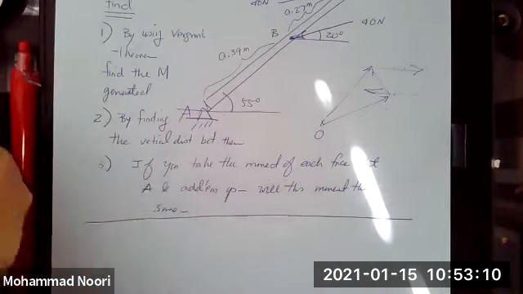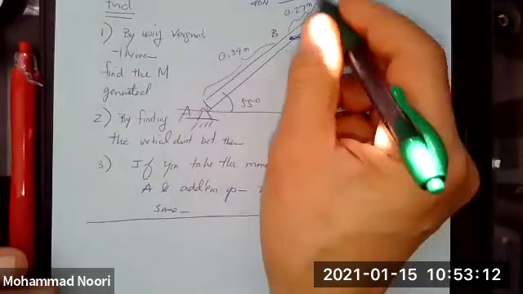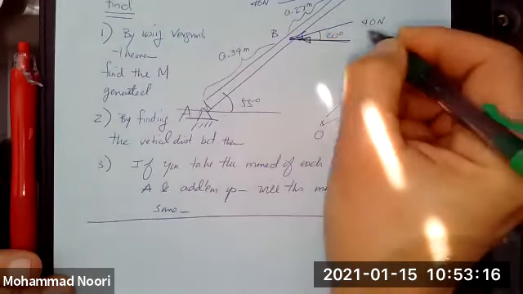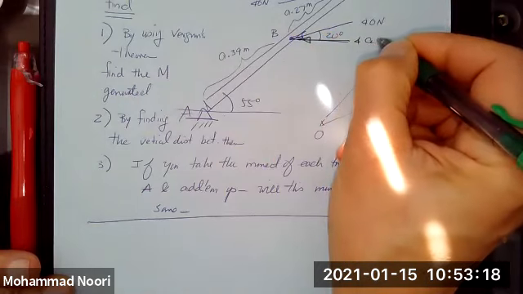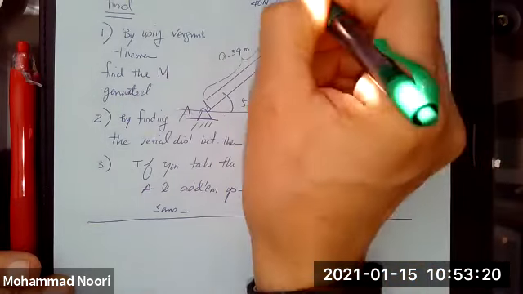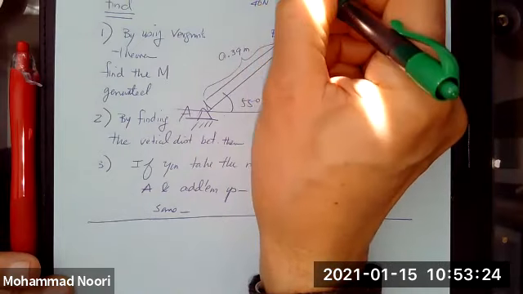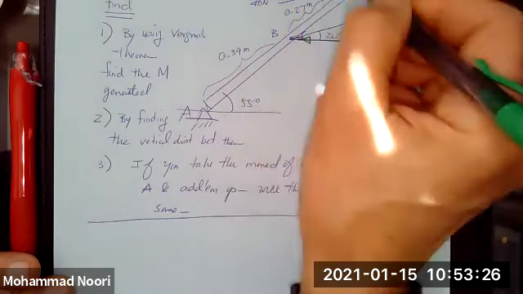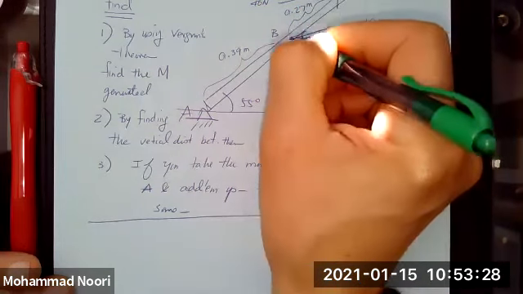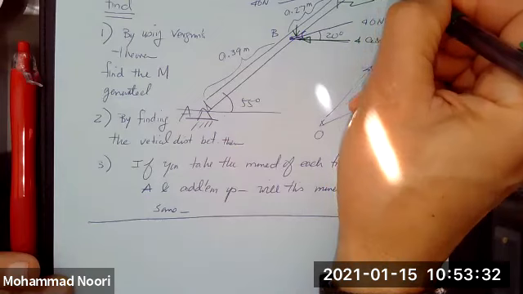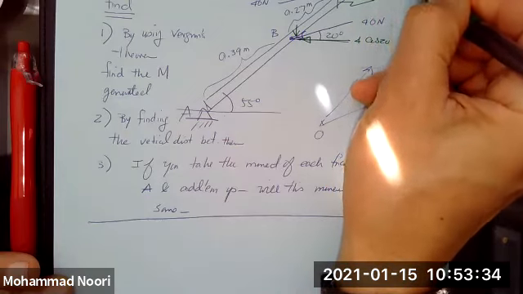First, let's resolve these two into their components. So you have this component, which is 40 cosine of 20, and then you have this vertical component, which would be 40 sine of 20.